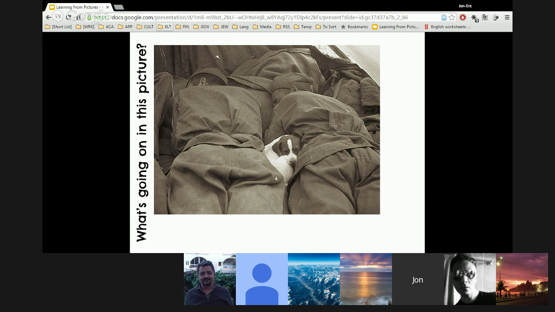Not vagabond. Vagabond is, first of all, a word we don't even use anymore. It's too old. But anyway, street dog has the same idea. So it seems it's a dog that didn't have an owner. Maybe a street dog wanted to be with them. To keep warm, or to find a place to rest, or something like that.